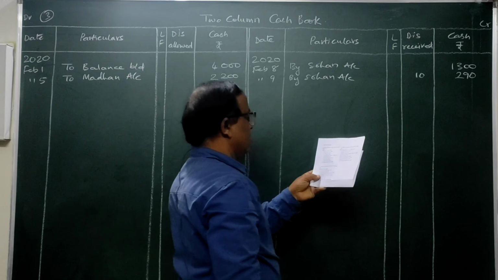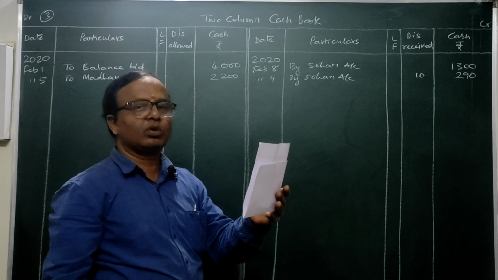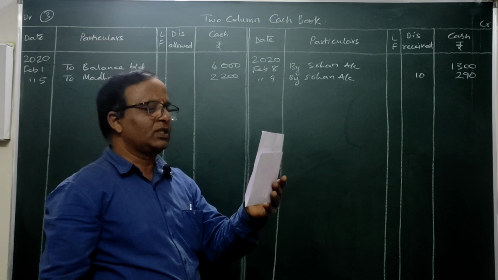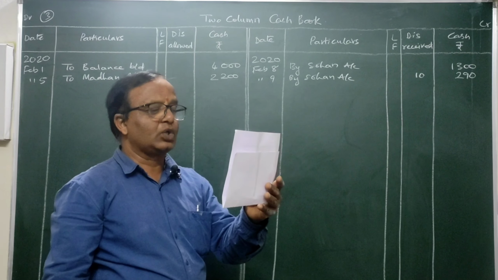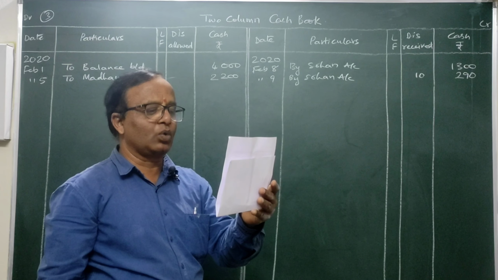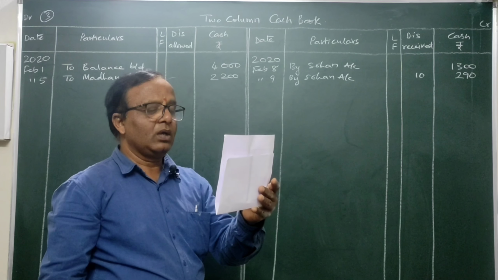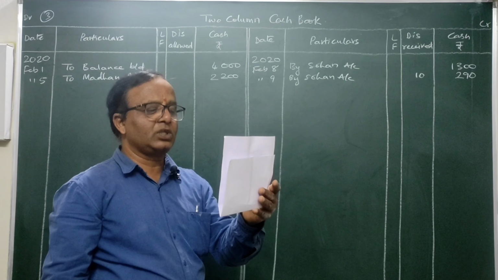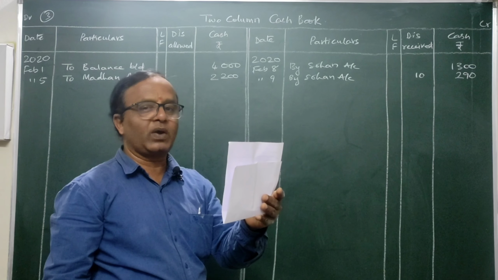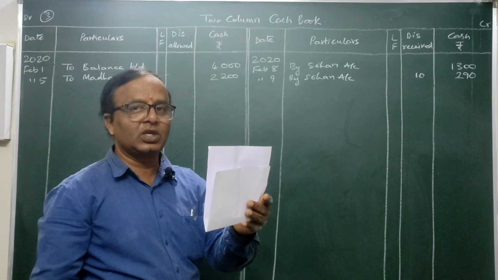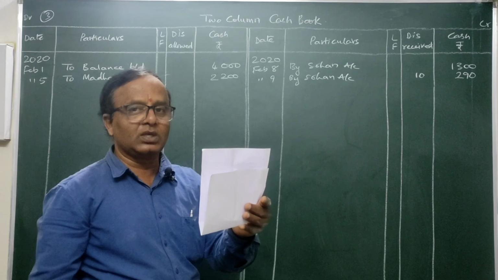Then 12th date, see, purchased goods from Ashok. When you have purchased goods from Ashok, your entry will be purchases account debit to Ashok. Okay, rupees 500 is said. What type of transaction it is? Now here we should check whether it is a cash transaction or a credit transaction.